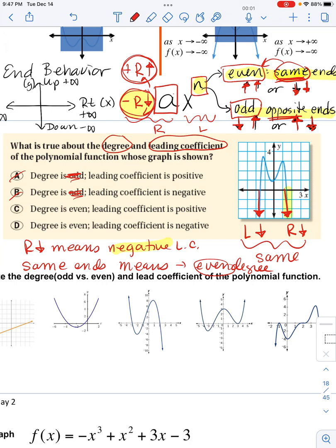So I'm looking at my last two options, saying I need my leading coefficient to be negative. So even degree, negative coefficient, D would be my choice. And we're kind of gearing up for that multiple choice semester final, so that's an easy type of question to get asked.